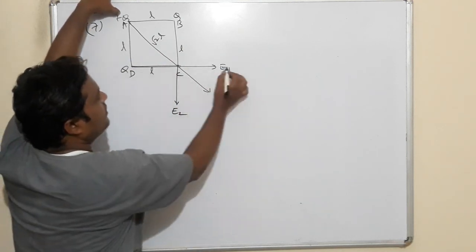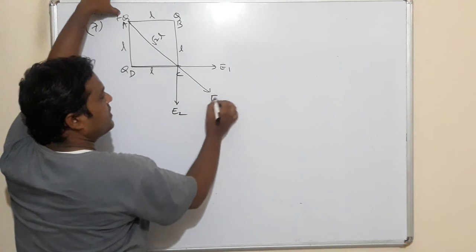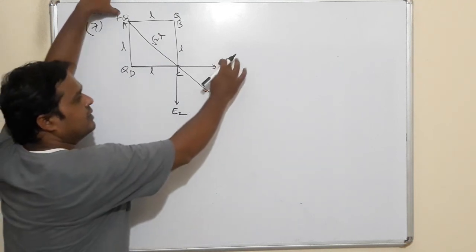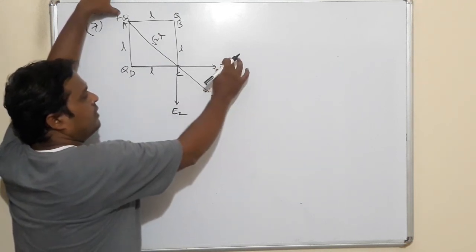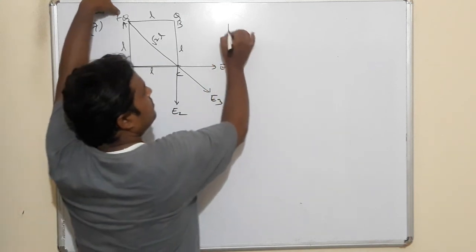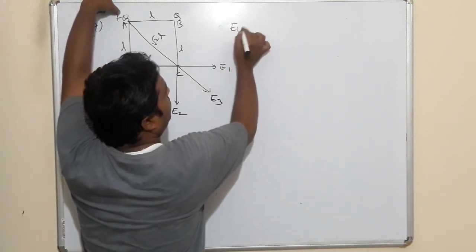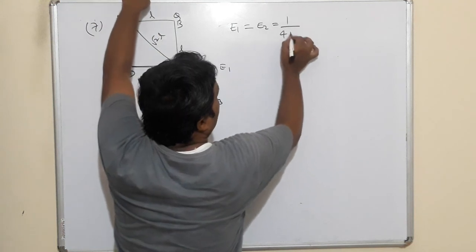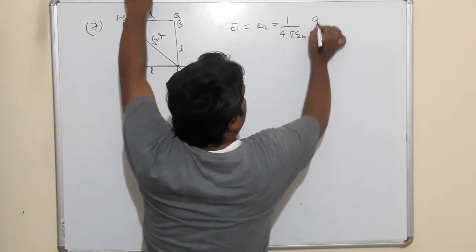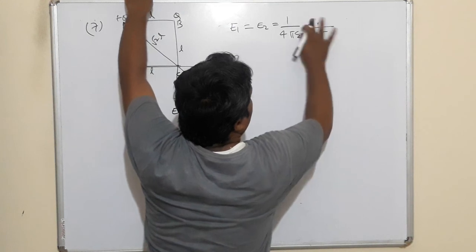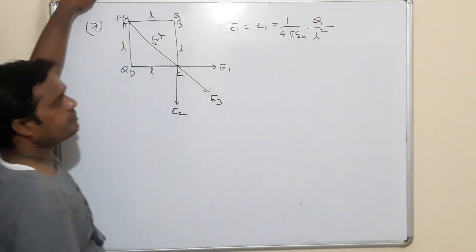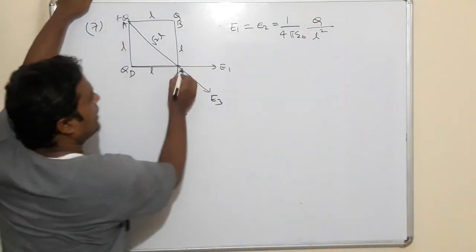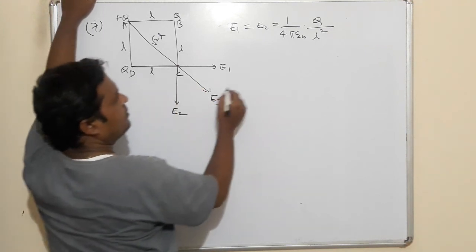Let us suppose this is E3. These two fields, E1 and E2, will be the same in magnitude. E1 will be equal to E2, each equal to 1 by 4 pi epsilon naught Q by L square. Follow this? Both are the same.